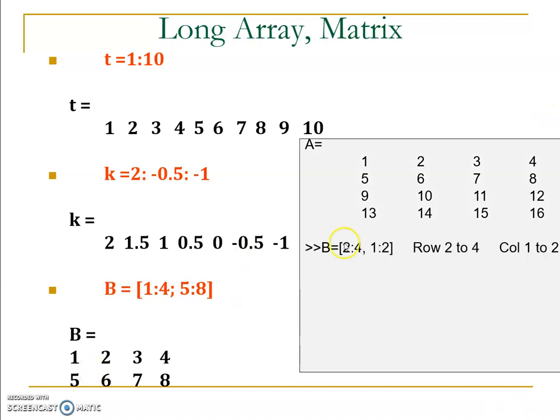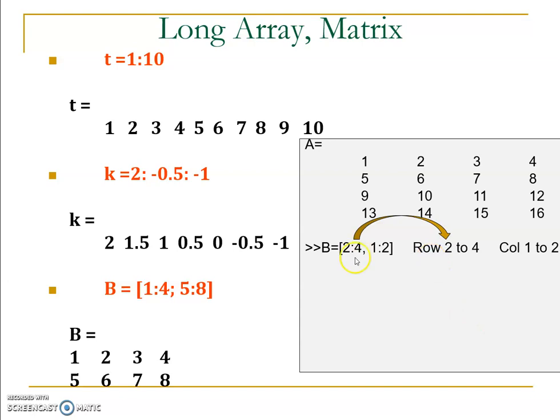Now here I want to create a new matrix which is defined as 2 colon 4 comma 1 colon 2. Now there is a difference between a semicolon and a colon. You need to remember it.